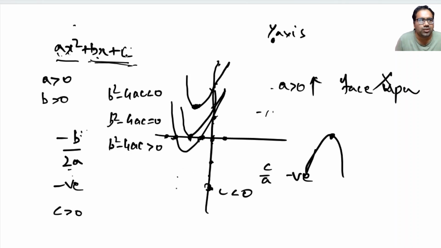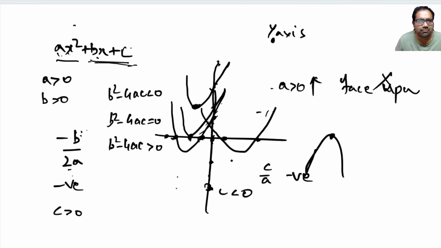When C is positive, that means the graph can be like this only. The graph can be like this, or like this, or like this. Now you can ask, why can't the graph be like this? If C is positive, why can't both roots be positive?